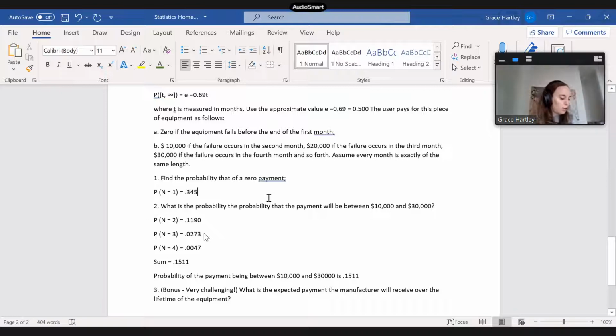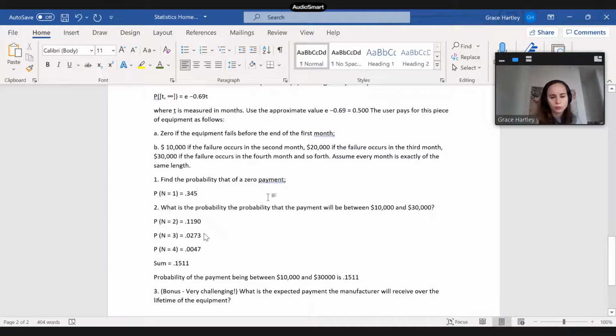So the probability of a zero payment means the equipment fails in the first month.